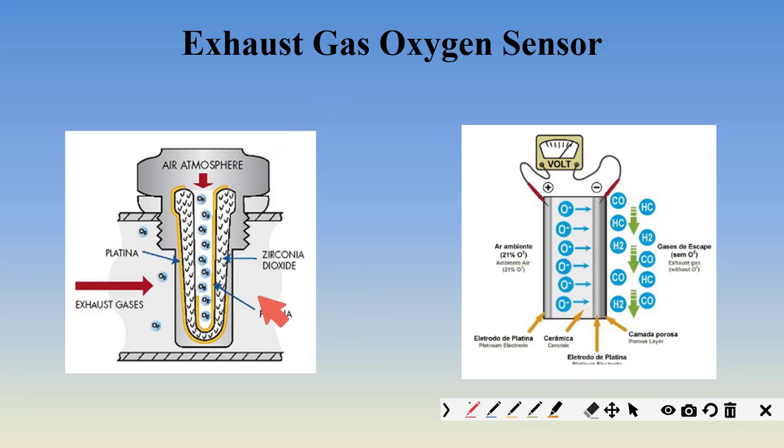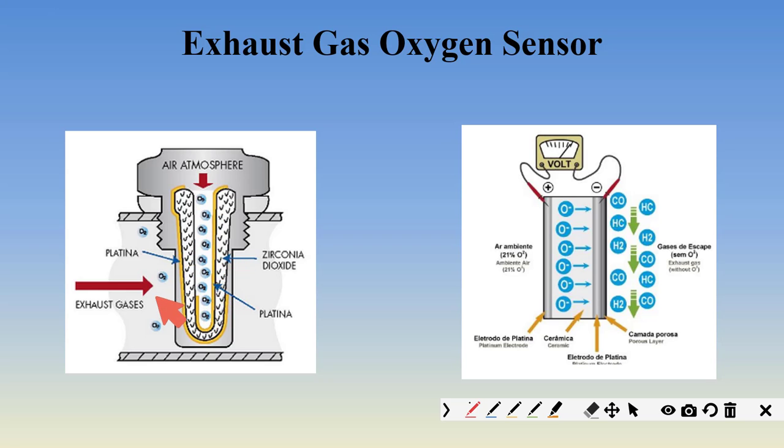The oxygen quantity inside is always going to remain 21%. But imagine if the oxygen quantity here is less, say only 5%. What is going to happen? Because of zirconia dioxide and platinum, a voltage difference will be generated across the inner side and outer side of this ceramic.